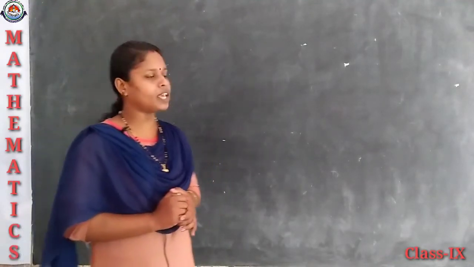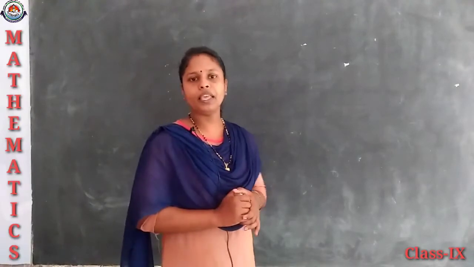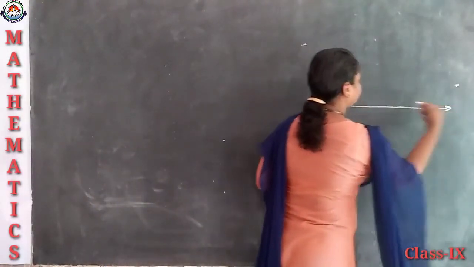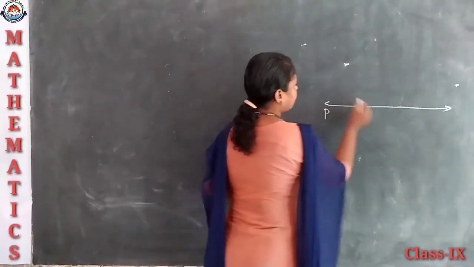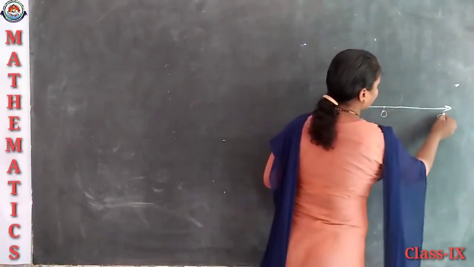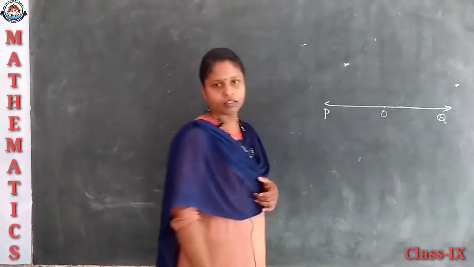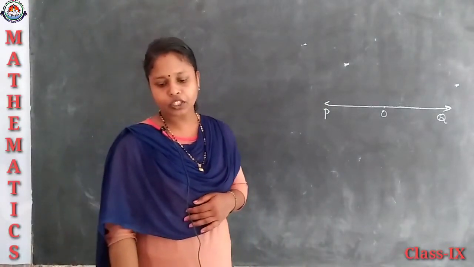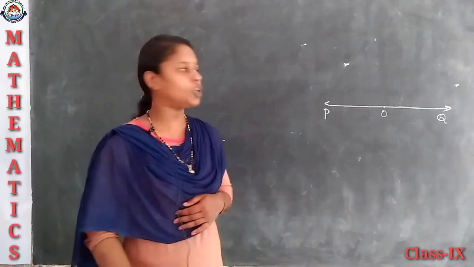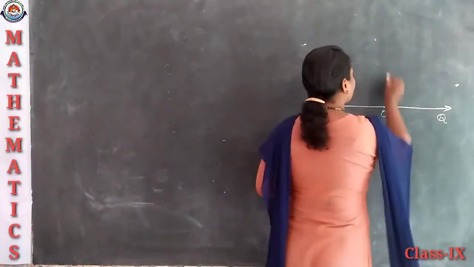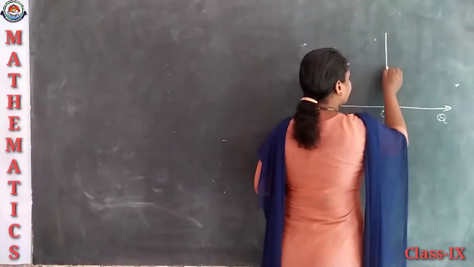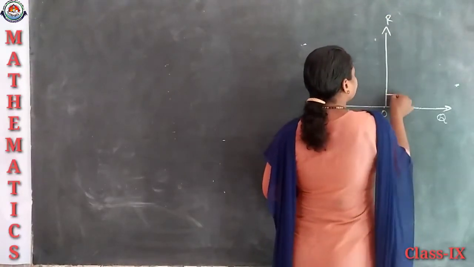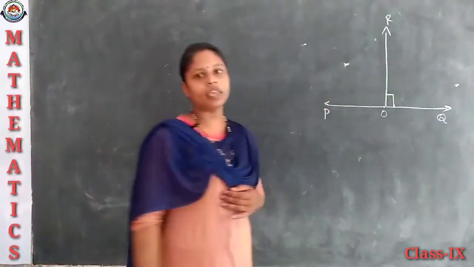So here we have a line POQ, and ray OR is perpendicular to line PQ. We have ray OR which is perpendicular to line POQ.